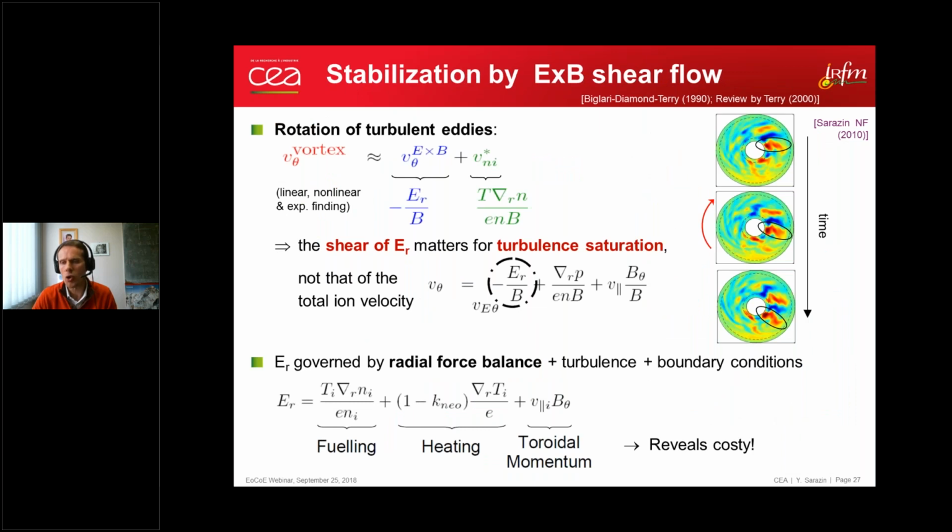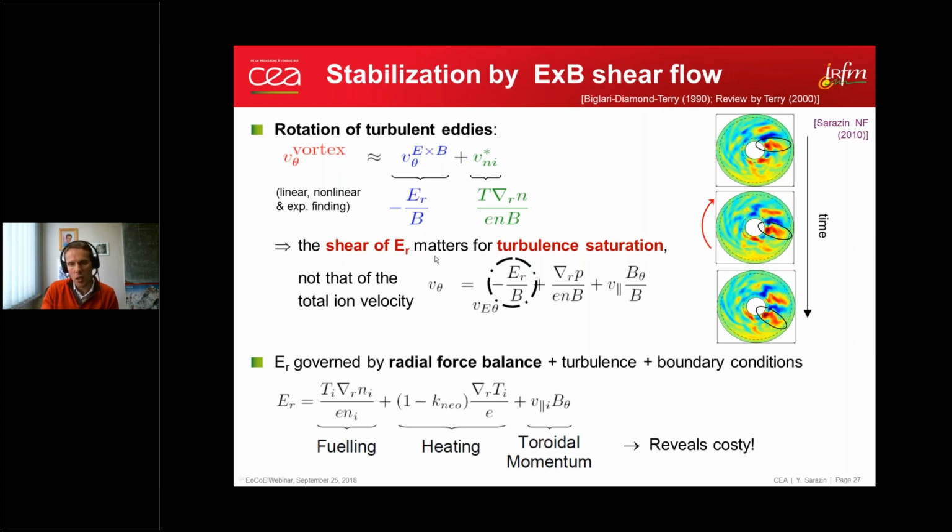Well, actually, the zonal flows are not the only way of generating shear flows. The equilibrium can also provide some sheared rotation, and this is due to the radial force balance. So the turbulence is rotating at a certain poloidal velocity, which is mainly governed by the radial electric field.